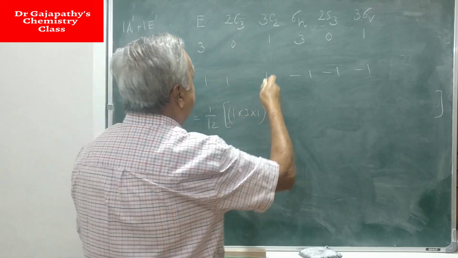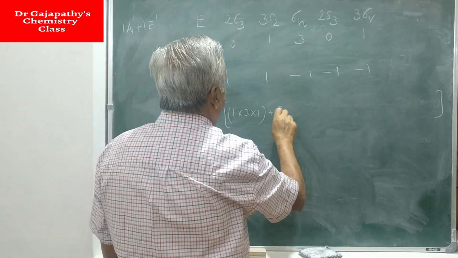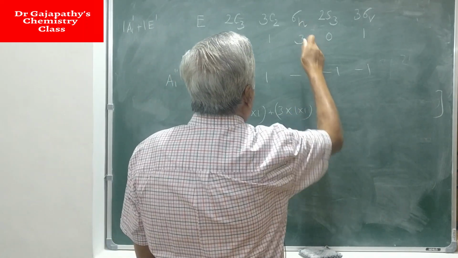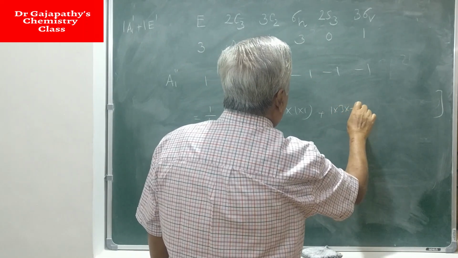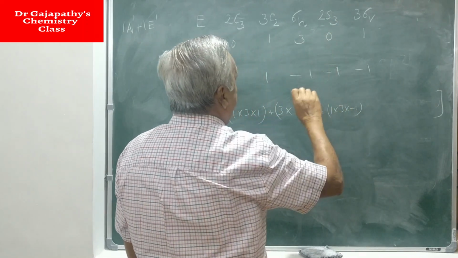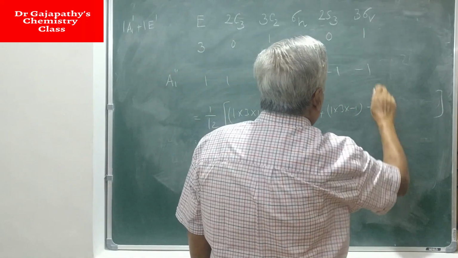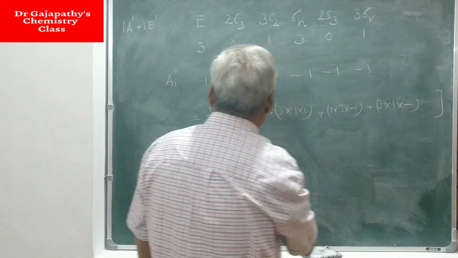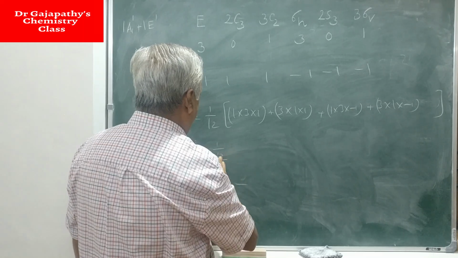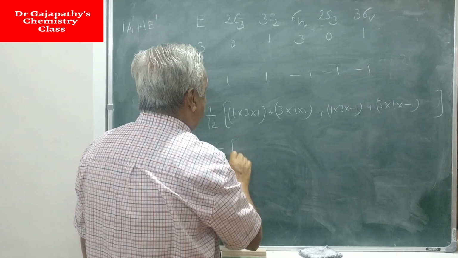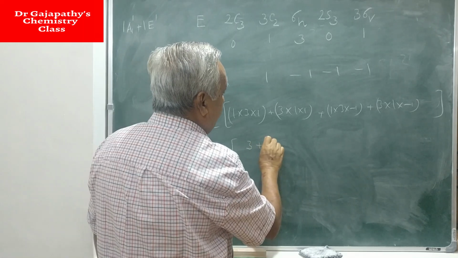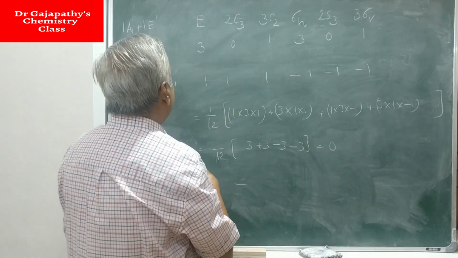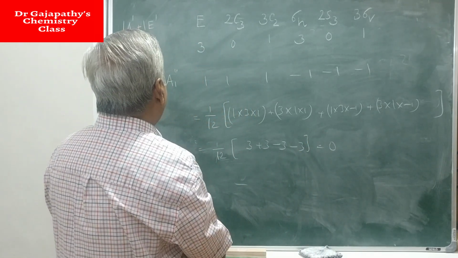This is 0, I leave it. Plus 3 into 1 into 1, plus 1 into 3 into minus 1. This I leave, it is 0. Plus 3 into 1 into minus 1. That is equal to 1 by 12 into 3 plus 3 minus 3 minus 3. Again, this is 0. So this doesn't contain any A1 double prime.